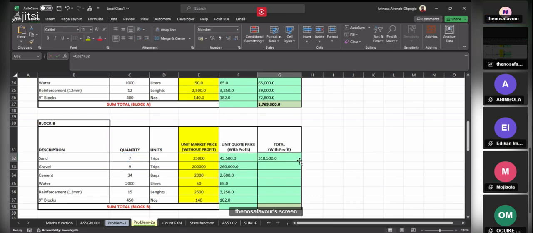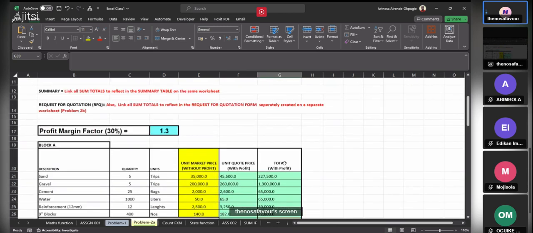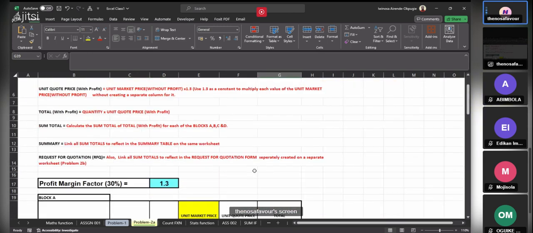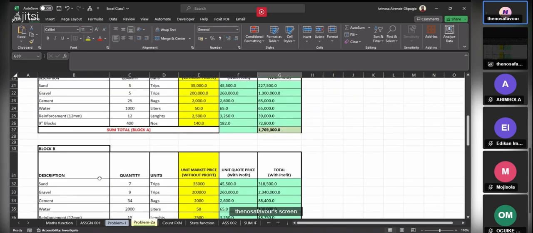Now we don't need to lock because we want it to keep moving down. It gives us the figure, and then come here and do Alt equals and hit enter. So we've been able to get the figures for block A and block B.